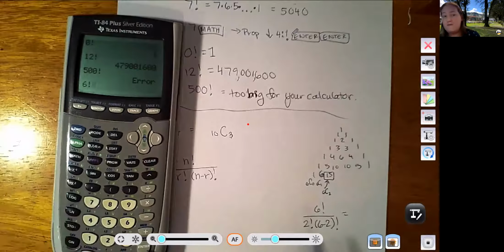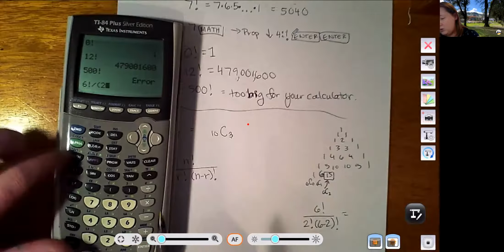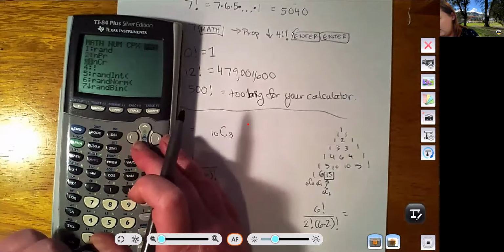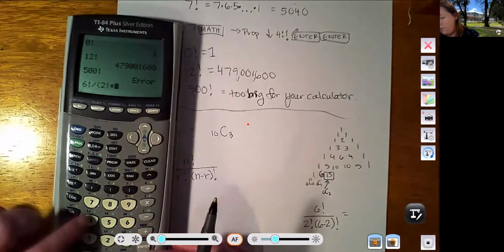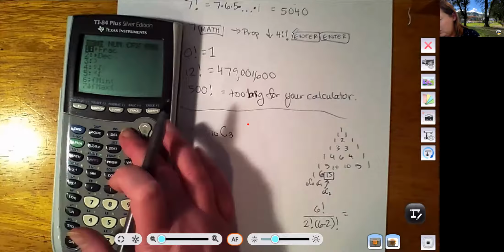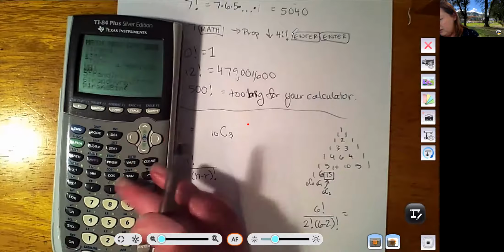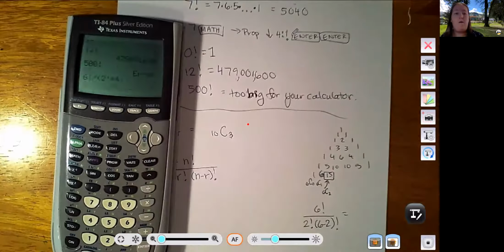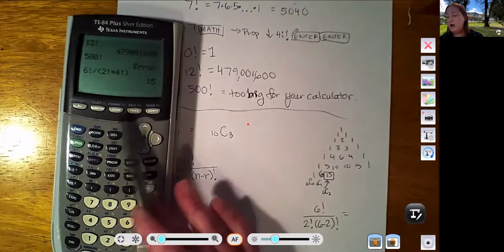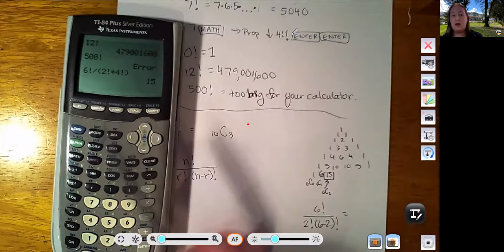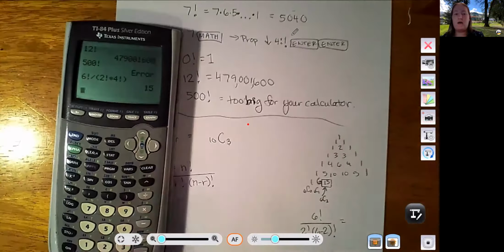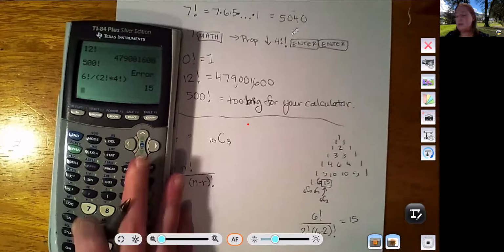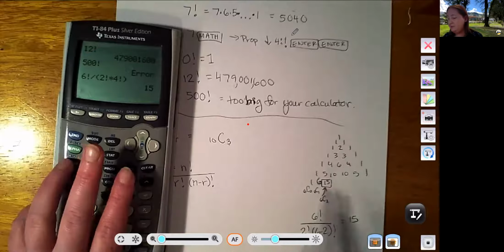And you could find the value, but again, you could also just divide by then the quantity of 2 factorial times 4 factorial. And that way it's less likely to give you an error because it gets too big with that first value. So that's kind of a shortcut, is to have the calculator do all the math. So that gave you 15. Same answer as we saw from here.